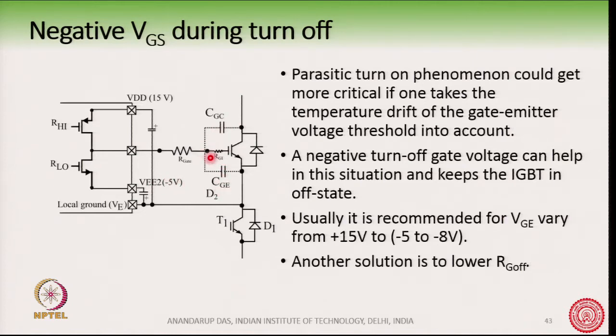then in spite of this happening, this point's potential, in spite of this current flowing here and there is a potential increase here, the gate emitter voltage will not cause a spurious turn on of the device due to some unforeseen circumstances.